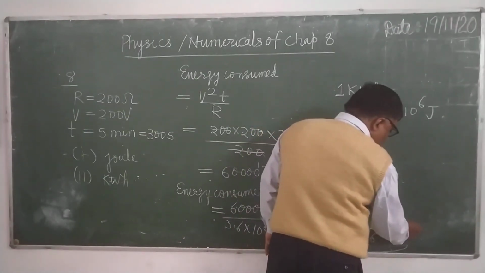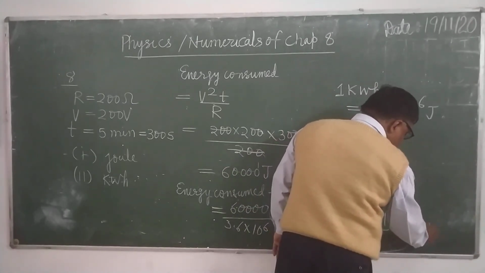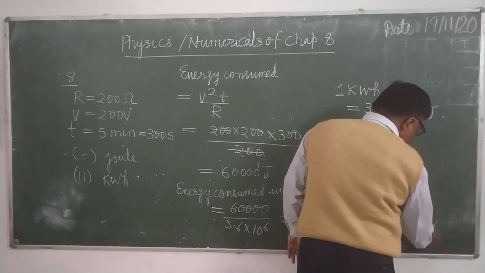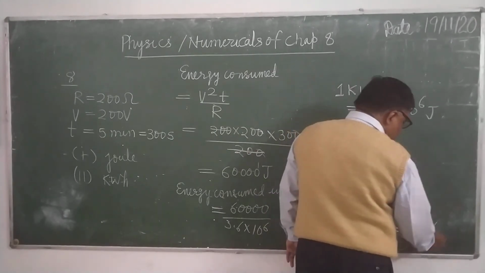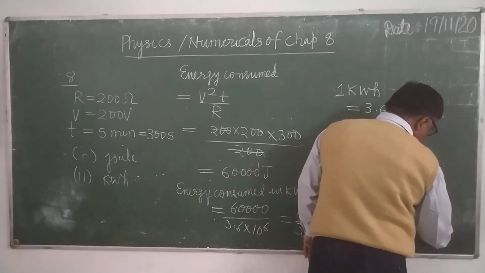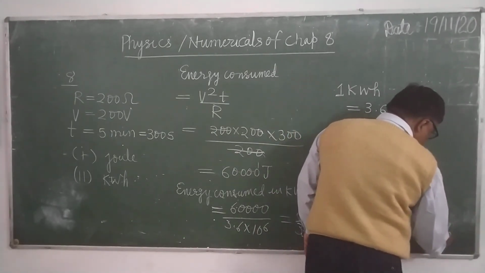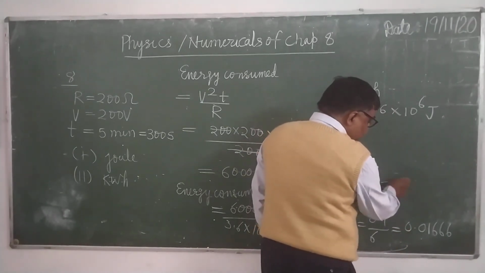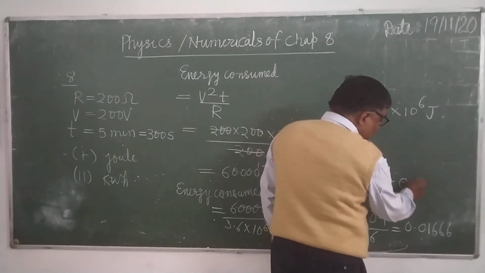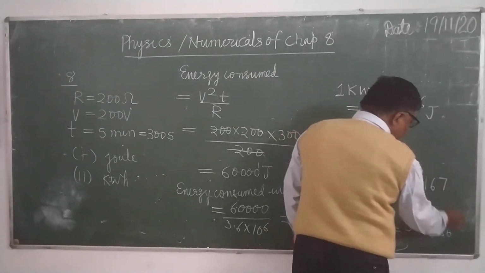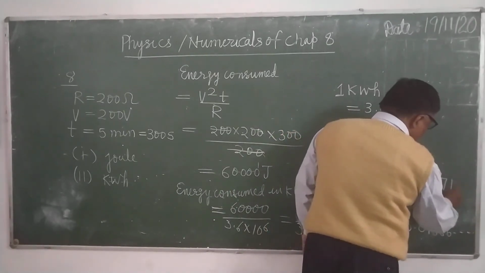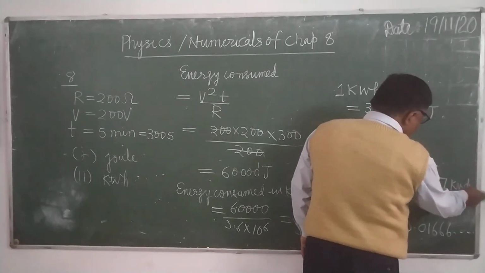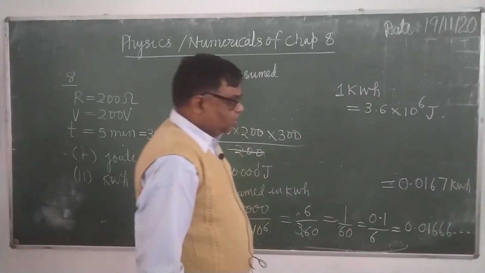1 upon 60, that is 0.1 upon 6. So it will be, I am writing here, 0.0167 kilowatt hour. It is non-terminating.